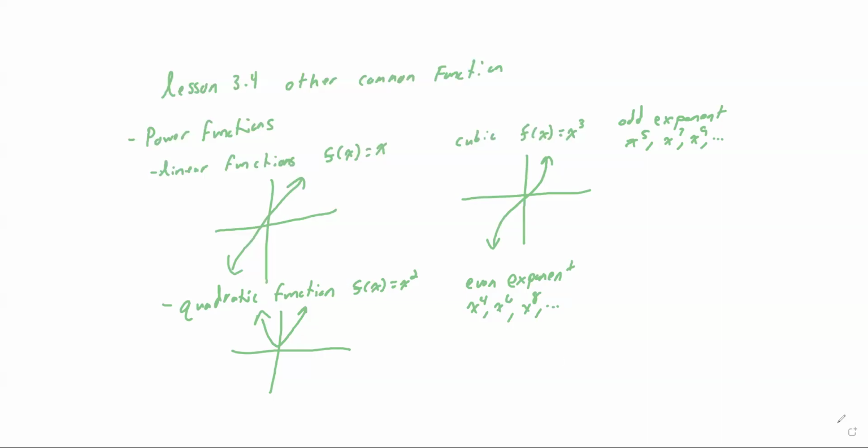All right, then you have what we call rational functions, which are basically, in more common language, fractions. So if we have f of x equals 1 over x, we will get a graph that roughly looks something like this.